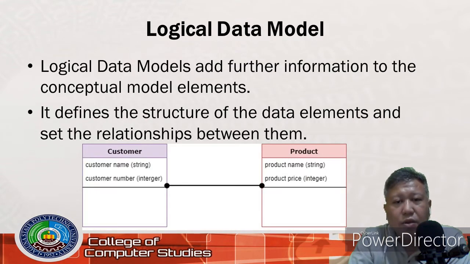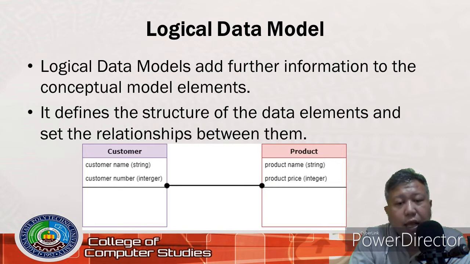Okay, logical data model. Kanina yung conceptual. Ngayon naman, logical data model. Logical data models add further information to the conceptual model elements. It defines the structure of the data elements and sets relationship between them. So, makita natin dito, same pa rin na entity, customer and product.